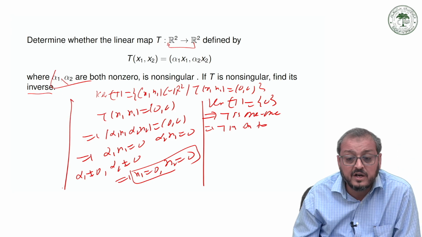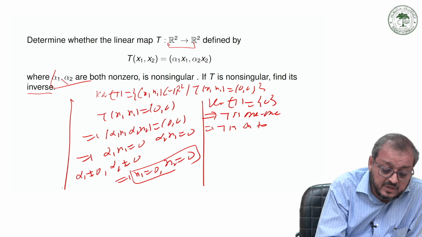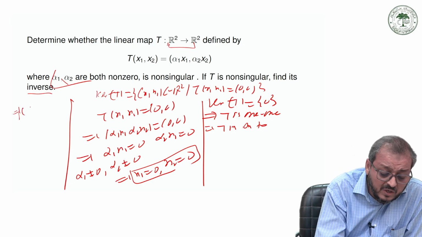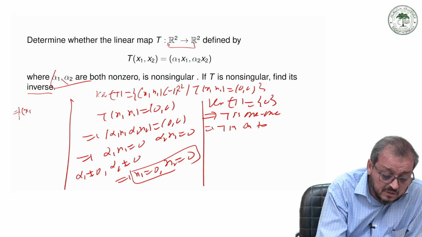Now we try to find out what the inverse is. Suppose T inverse of (x1, x2) is equal to some (y1, y2).